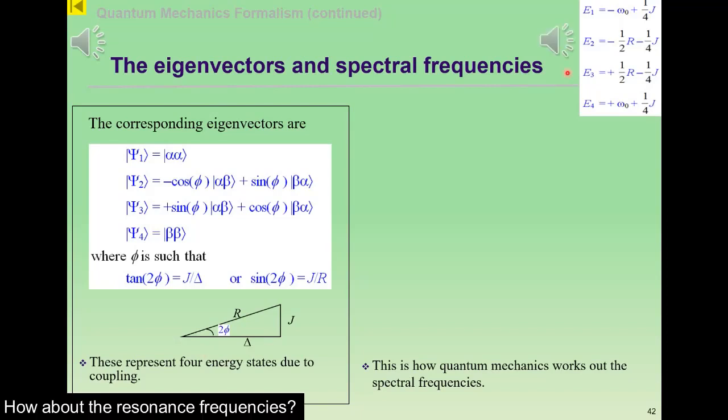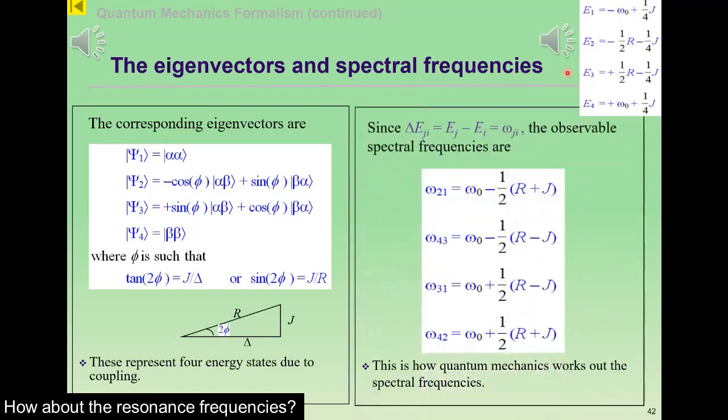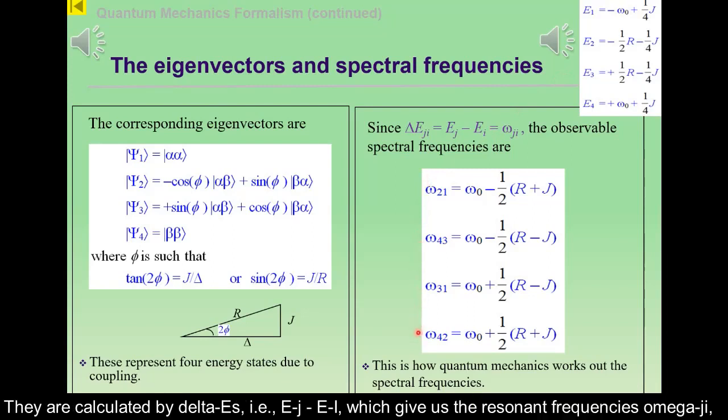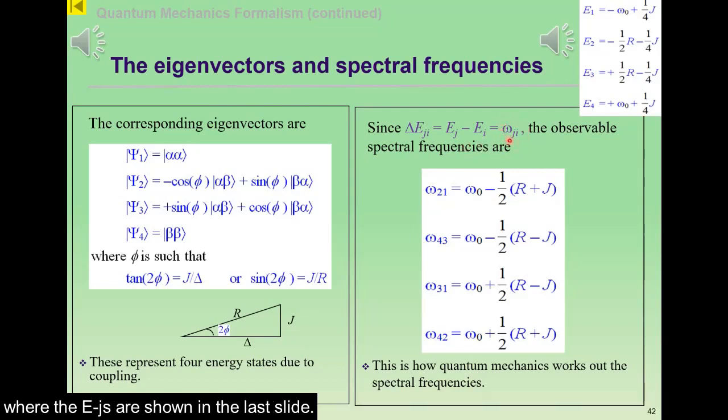How about the resonant frequencies? As expected, we also have 4 of them, as shown on the right. They are calculated by delta E's, i.e., Ej minus Ei, which gives us the resonant frequencies omega ji, where the Ej's are shown in the last slide.